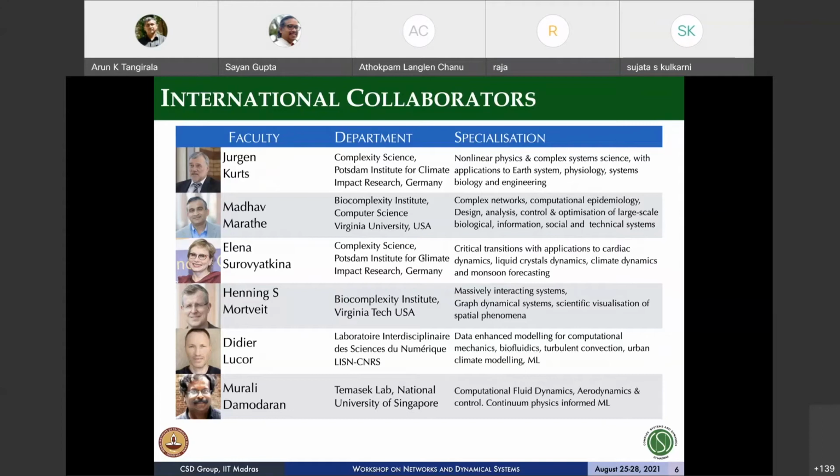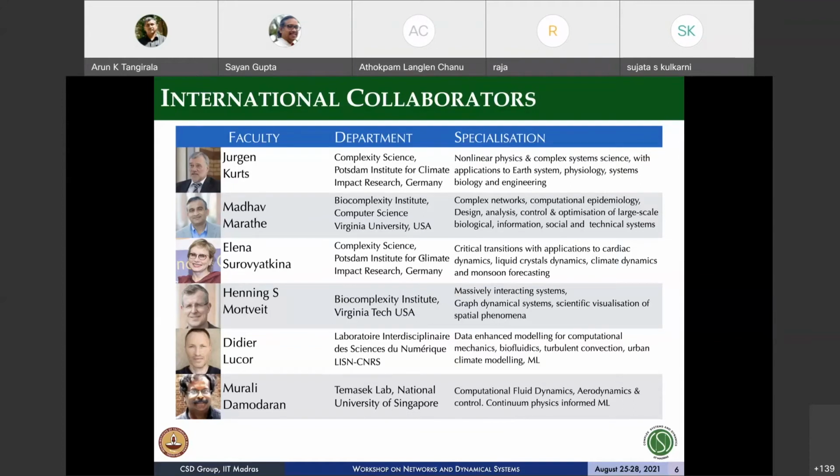Clearly, I think we will share this information with you. This information is also available on the website, so you can read at leisure. But again, what I would like you to see is the diversity and the heterogeneity of the specializations, as well as the affiliations across the globe of our fantastic collaborators.